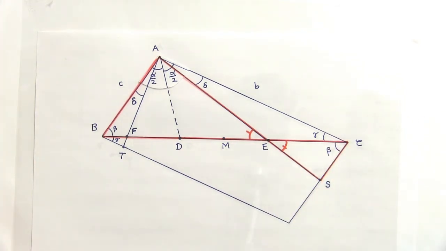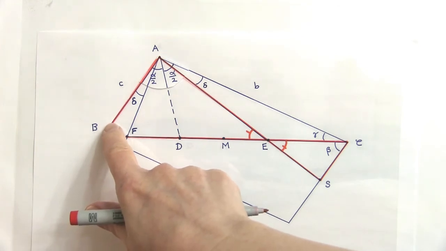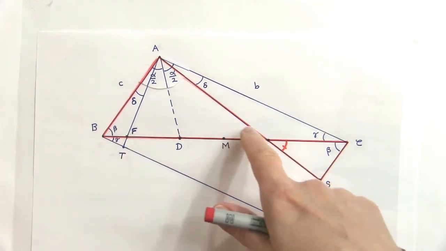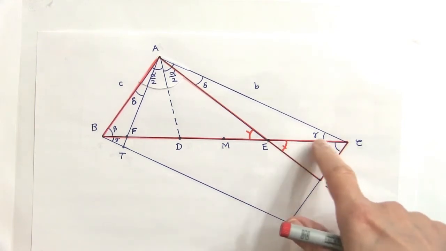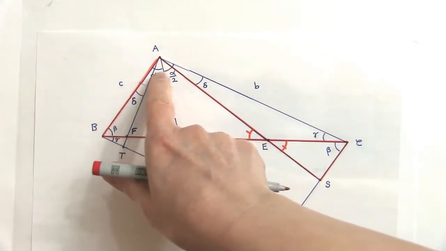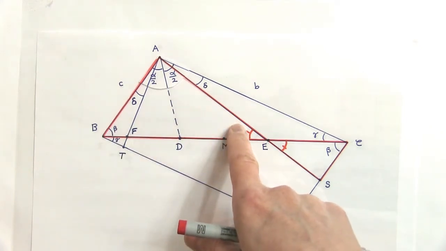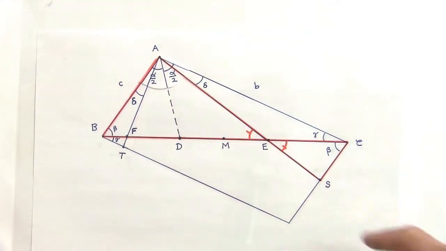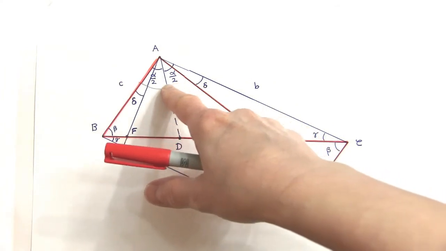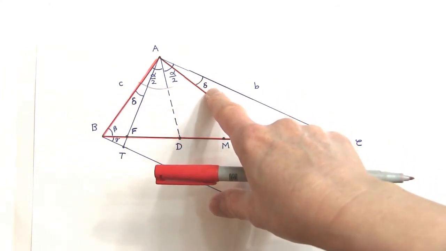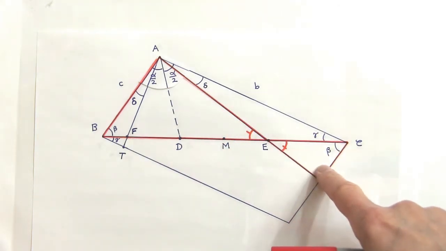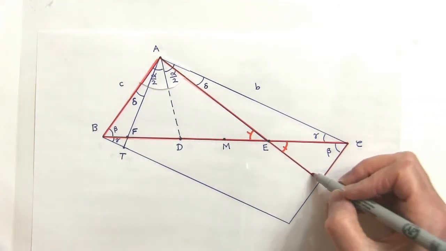And because these two triangles share the same two angles, beta and this angle, it follows that the third angle, which is 180 minus the sum of those two in each case, must also be the same, and that these triangles are similar. And again, we didn't need to know it, but as we can see from this diagram, that third angle must be alpha minus this little angle delta here.